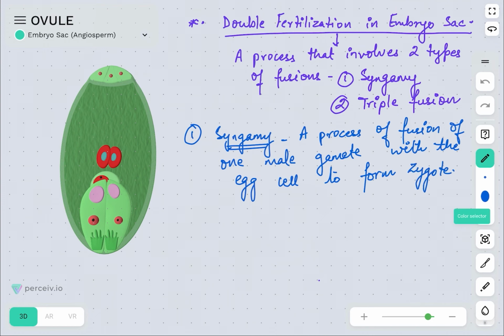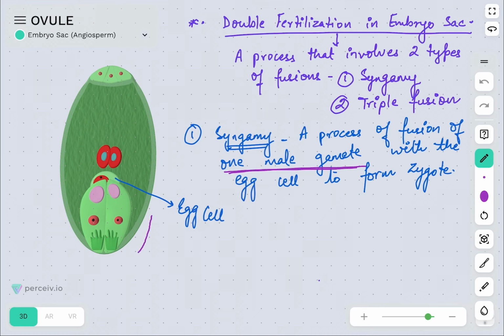Now see, we know this fact very well that this is the egg cell. The male gamete that I am talking about over here is going to come with the help of the pollen tube inside this one, like this. So the pollen tube is actually going to carry the 2 male gametes. These are the male gametes.